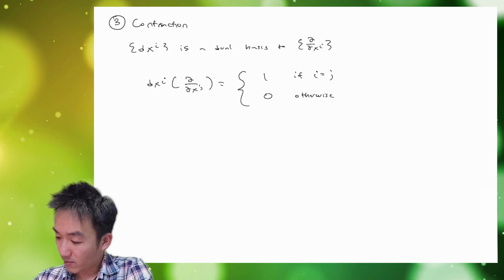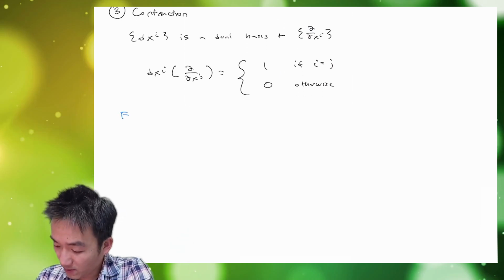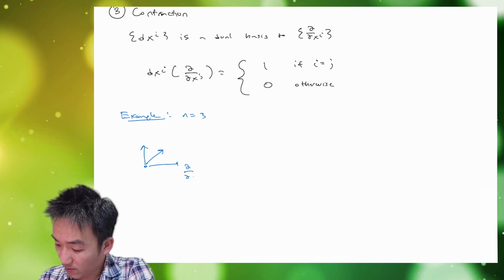All right, so let's just be extra explicit about this example. All right, so in dimension 3, at every point in space, I have my coordinate tangent vectors in each of the coordinate directions.